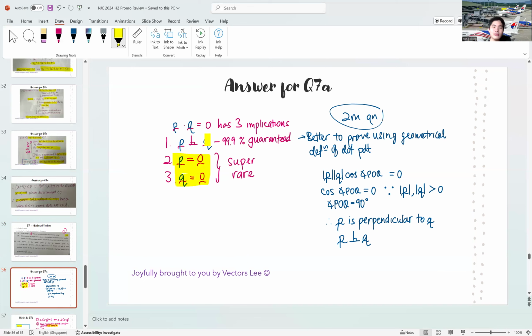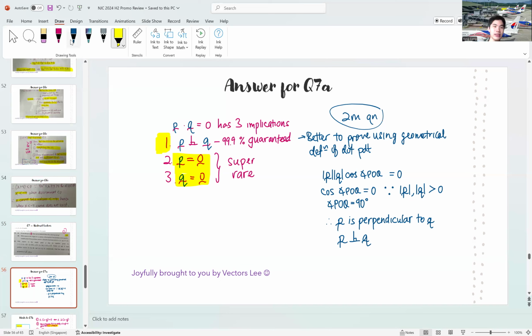As you can see in pink, I very nicely copy pasted every single word from my vectors masterclass. I just basically replaced the vectors with P and Q. But for option number 1, this is only true if P and Q are non-zero vectors.